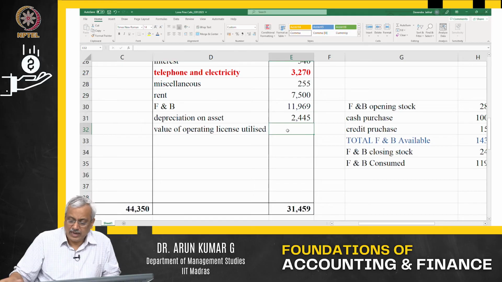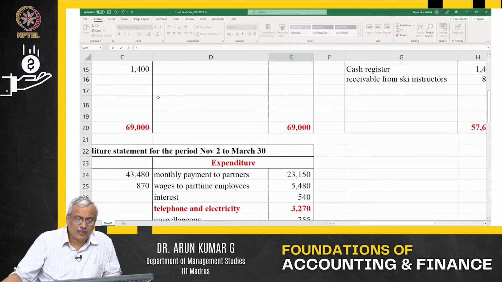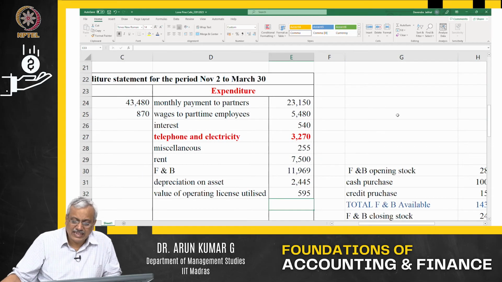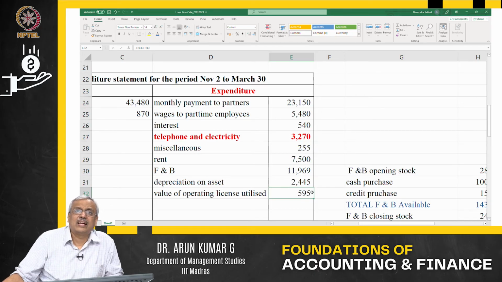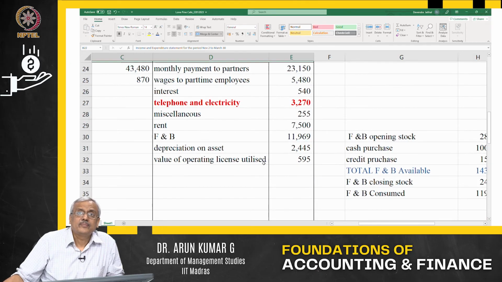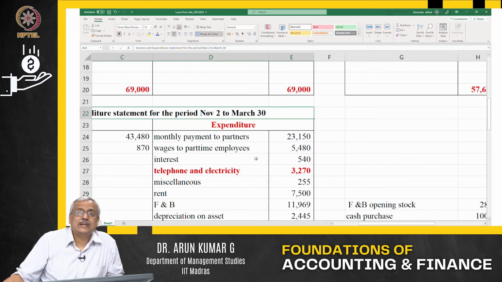I have enjoyed the benefits of the operating license to the extent of $595 between November 2nd and March 30th. So these are all my expenditures.